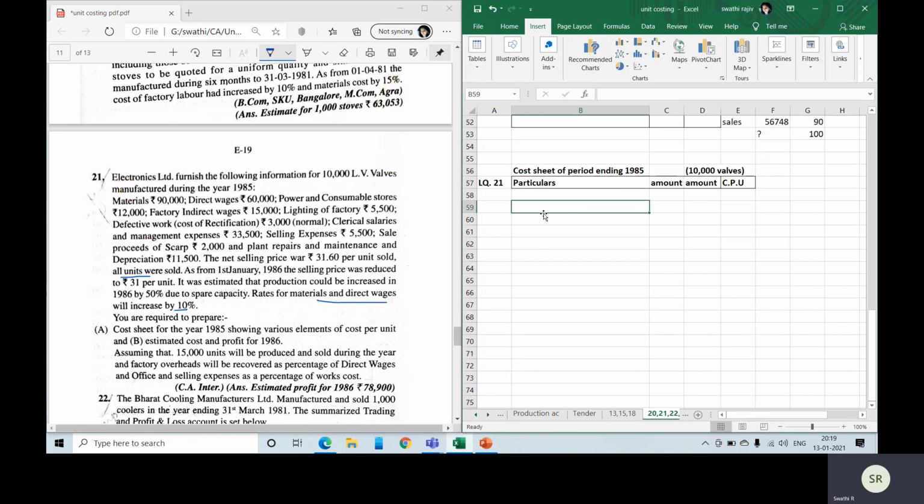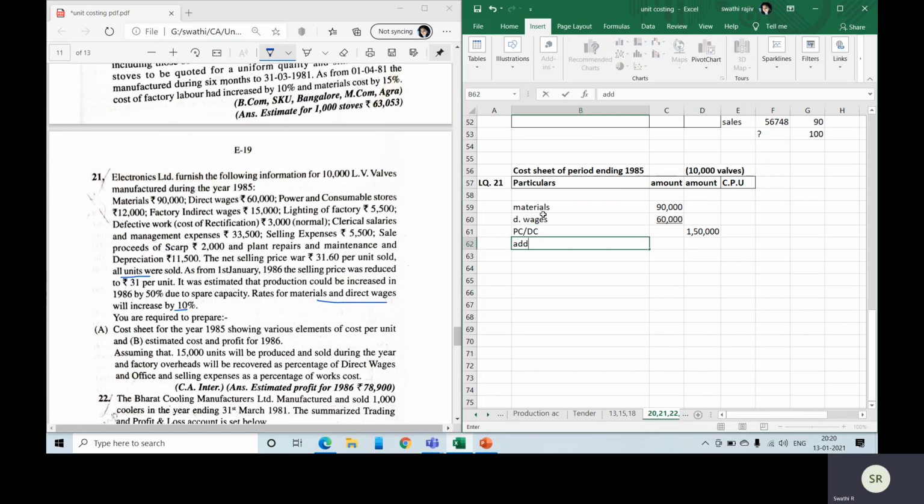So as we read, materials are directly given to you as 90,000, followed by direct wages as 60,000. We don't have direct expenditure or anything, so this will give us the prime cost, 1,50,000. This will be either our prime cost or also called the direct cost.